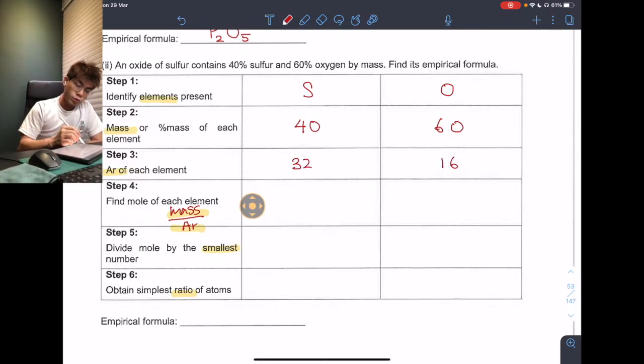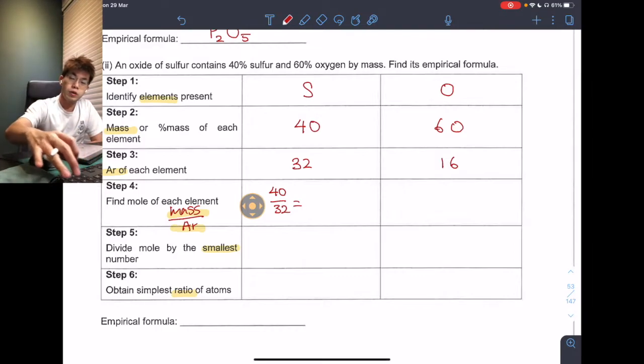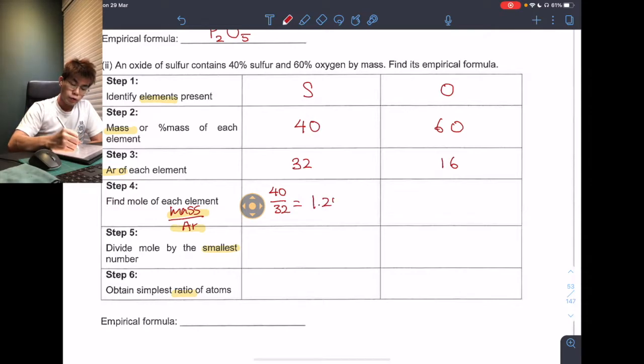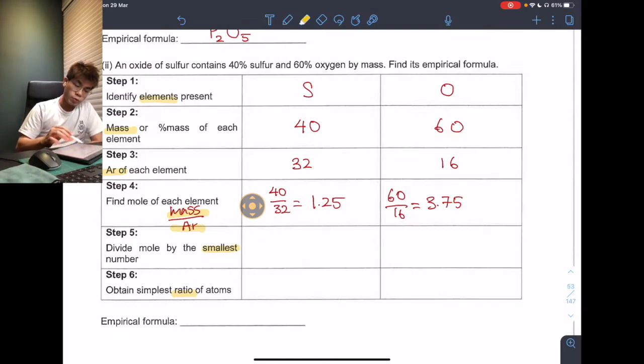Find the moles, so mass divided by AR. Always write the working so that we can give you as many marks as possible, even if you get it wrong. 40 divided by 32 equals 1.25. On the other side, 60 divided by 16 equals 3.75. Now find the smallest number, which is 1.25.